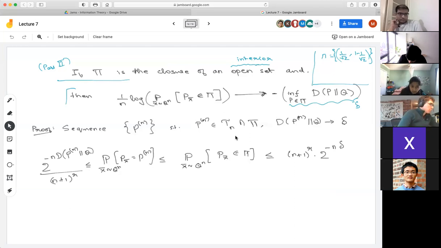Now, all that remains to be done is just take logs and take limits. So let's do that. Let's write down the quantity we are interested in calculating.